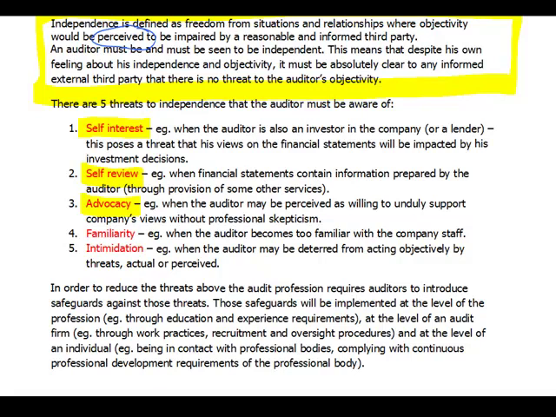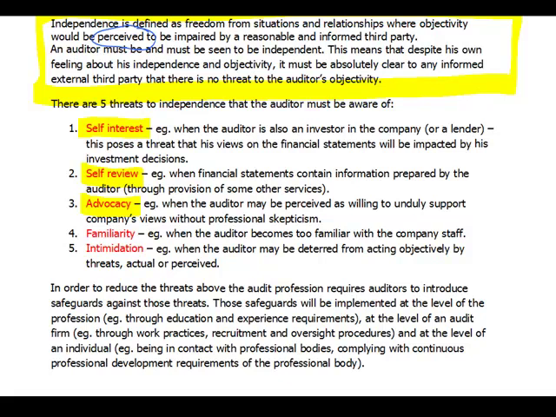Advocacy threat is when the auditor wants to support the client's view too much. There may be a number of reasons for that. For example, the auditor may want to get some other work from the client in the future.